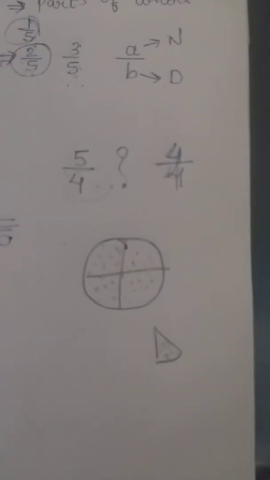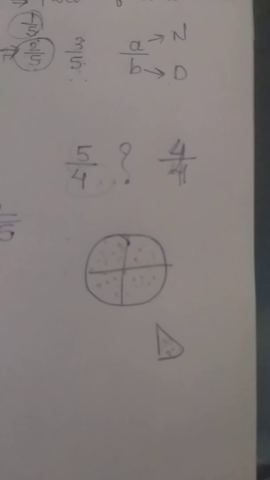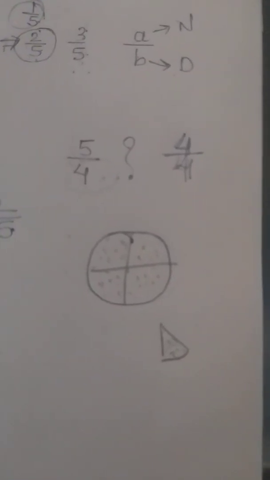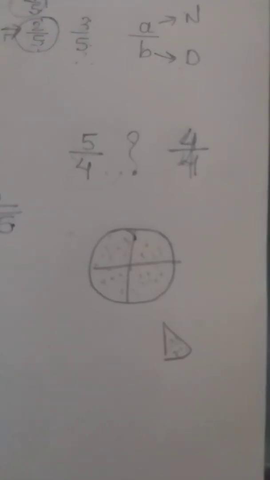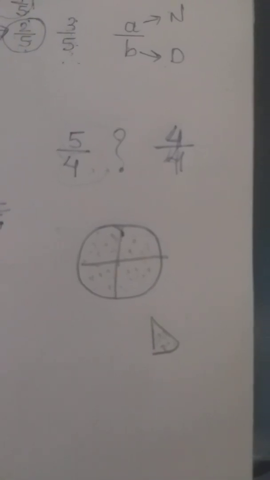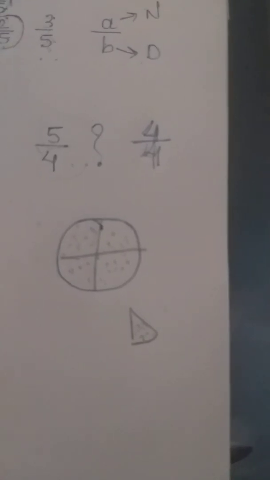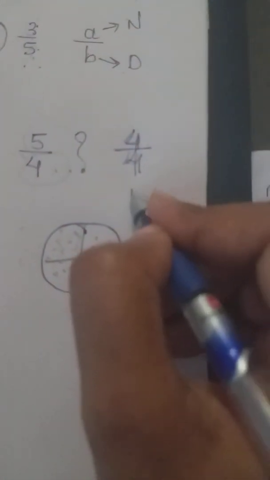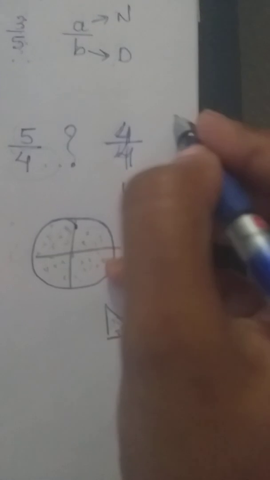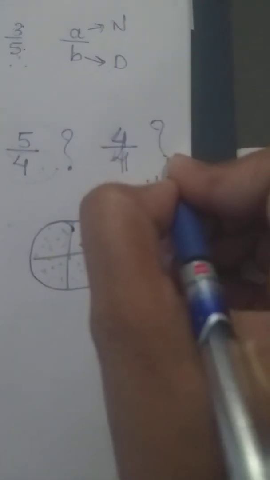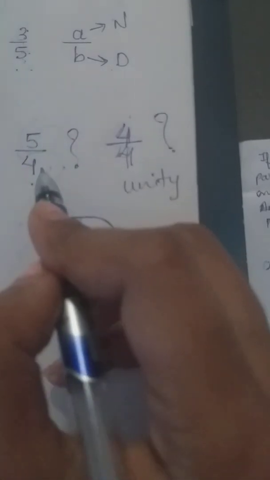Which type of fraction is it, proper or improper? When 4 out of 4 parts are filled, the fraction is 4 over 4, and yes, this too is an improper fraction. So 5/4 or 4/4, both are termed improper fractions where the numerator is greater than or equal to the denominator.